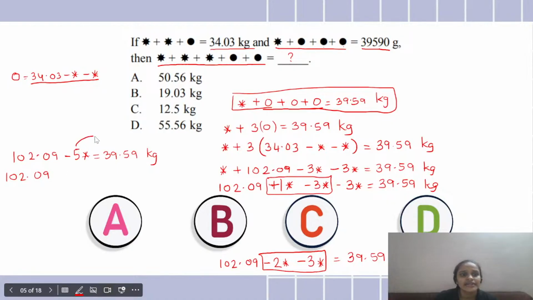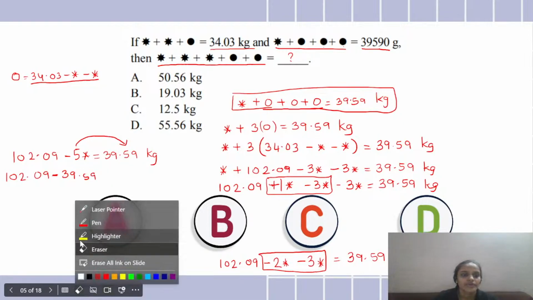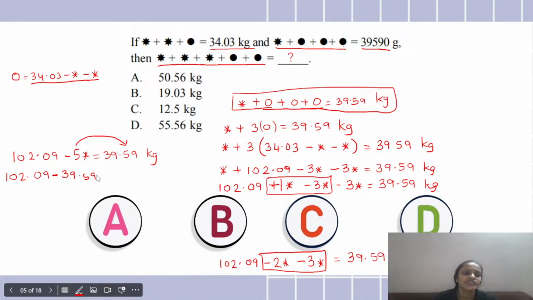Okay, I'll take this over here and I'll bring this side so that my signs do not change. Okay, so I'm going to just write 39.59. So 102.09 minus 39.59 equals 5 star.